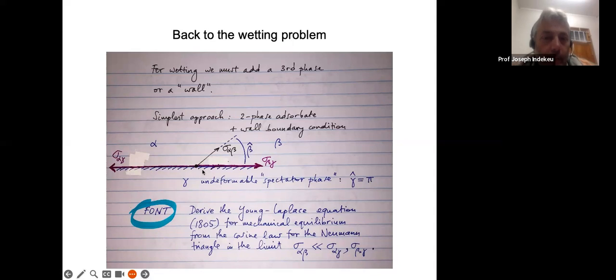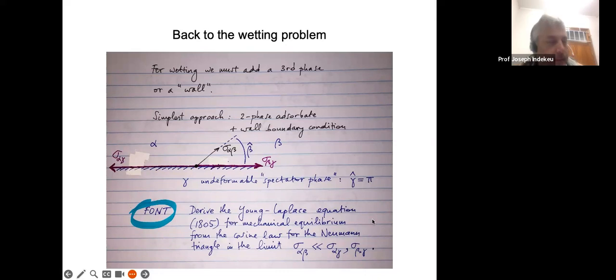And in this case, what we're going to do now together is to derive what is called the Young-Laplace equation for mechanical equilibrium from the cosine law for the Neumann triangle. In the limit that the alpha beta, so the fluid-fluid interfacial tension, is much smaller than either one alpha gamma or beta gamma interfacial tensions.